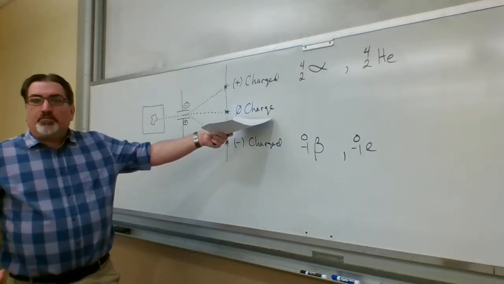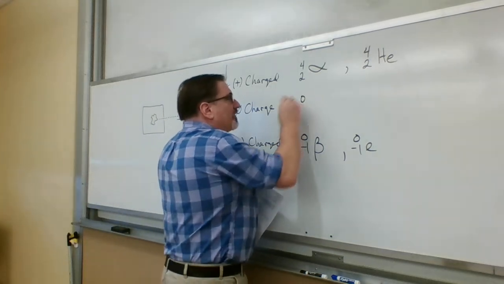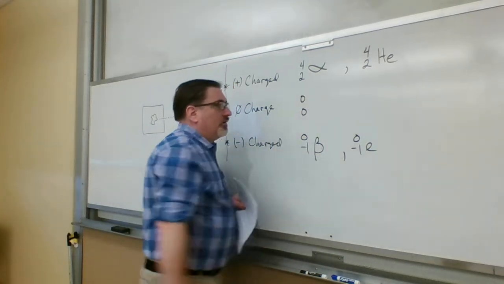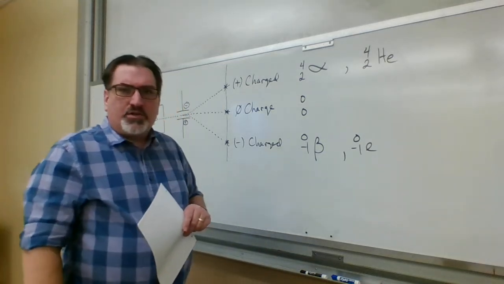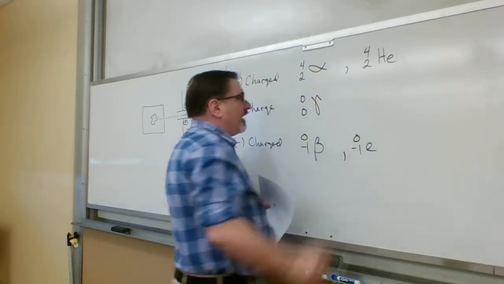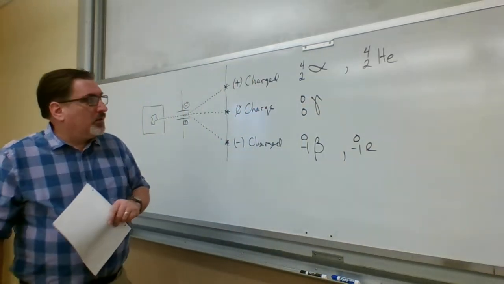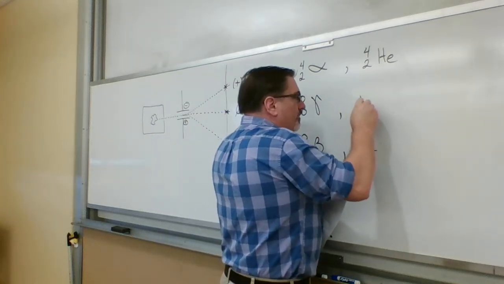Okay, now for this particle that went straight through without being altered in its course, that had no mass and no charge. Well, we'll call it a gamma because we need a letter for it, alpha, beta, and gamma. But what it really is is just a photon of light.